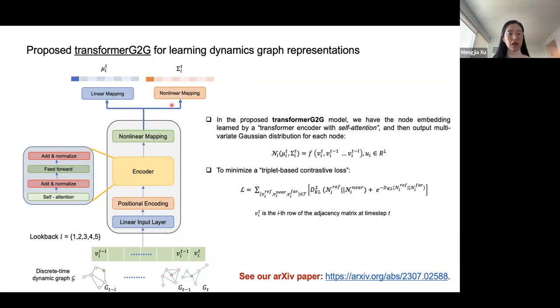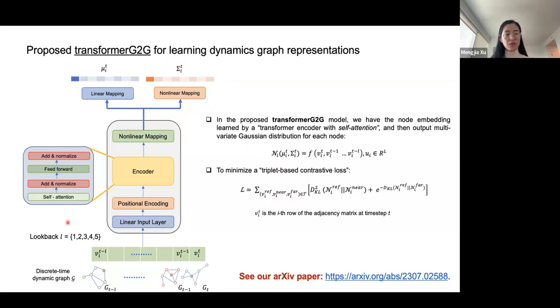So we combine with our previous work to learn a multivariate Gaussian distribution for each graph node in terms of the mean vector and the covariance matrix. And here, these are the diagonal elements of the covariance matrix.